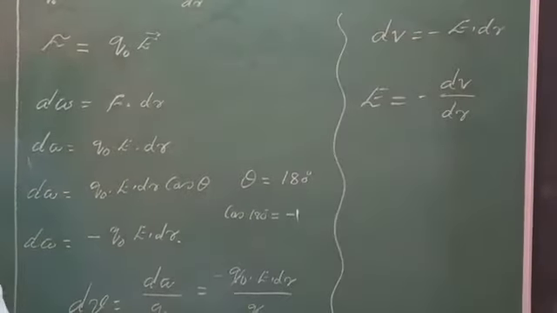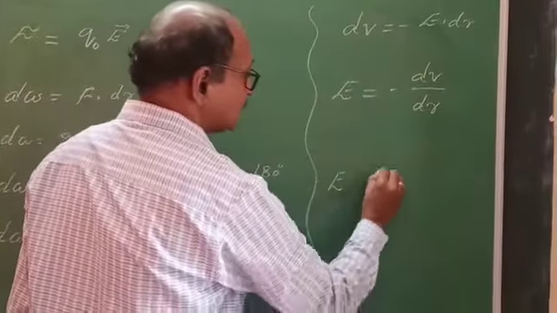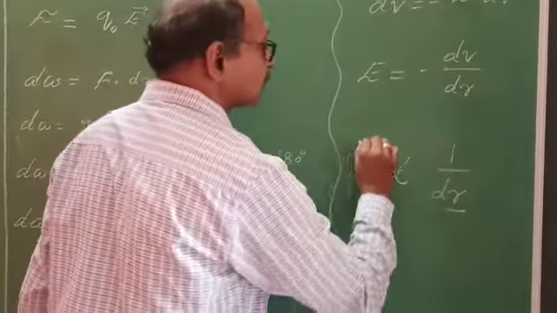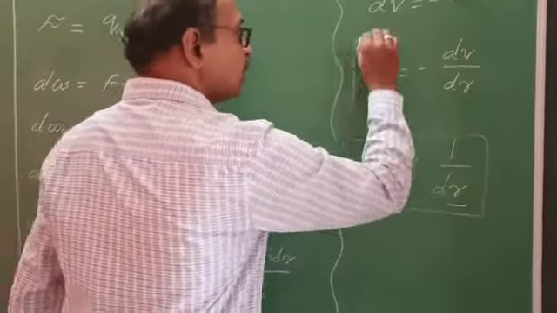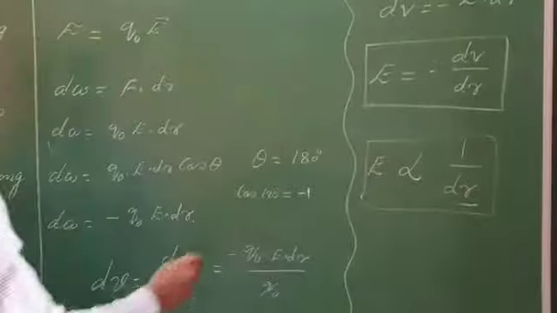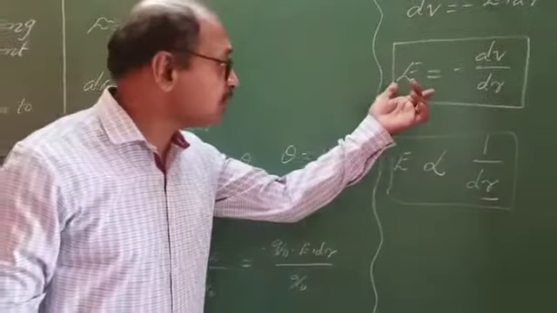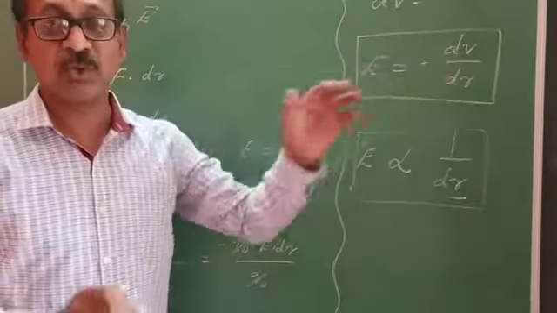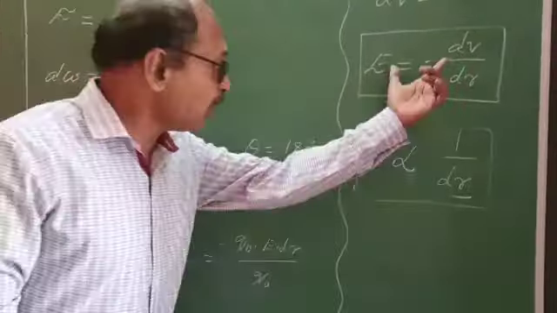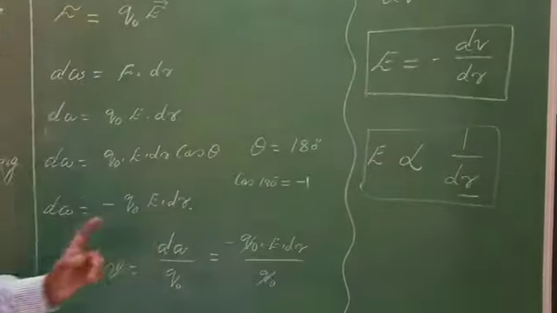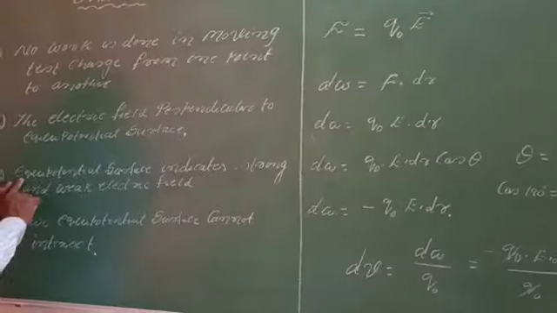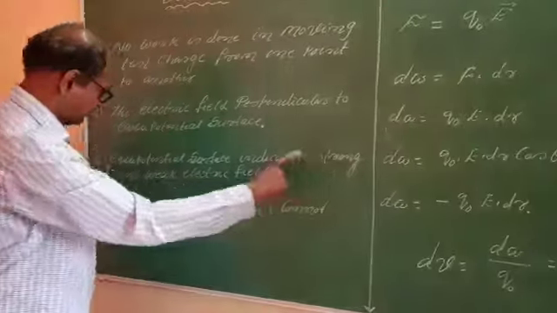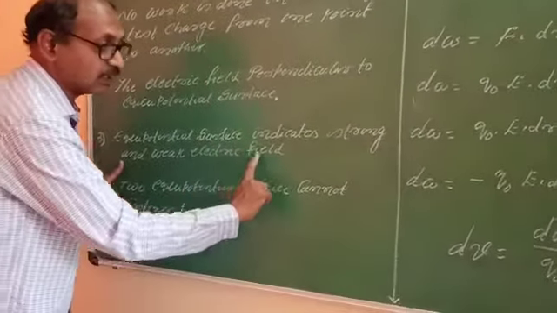So E is proportional to 1 over dr. This is also termed the relationship between electric field and potential. With the help of this, I can say that the equipotential surface indicates a strong and also a weak electric field.